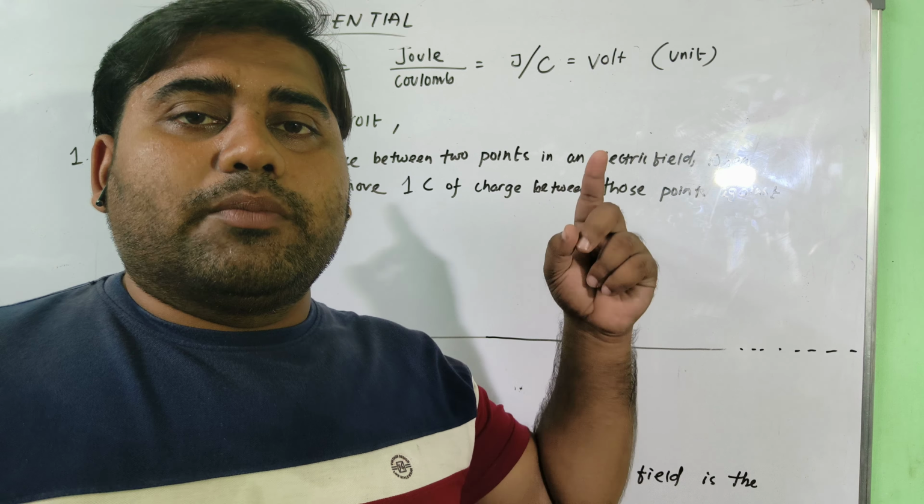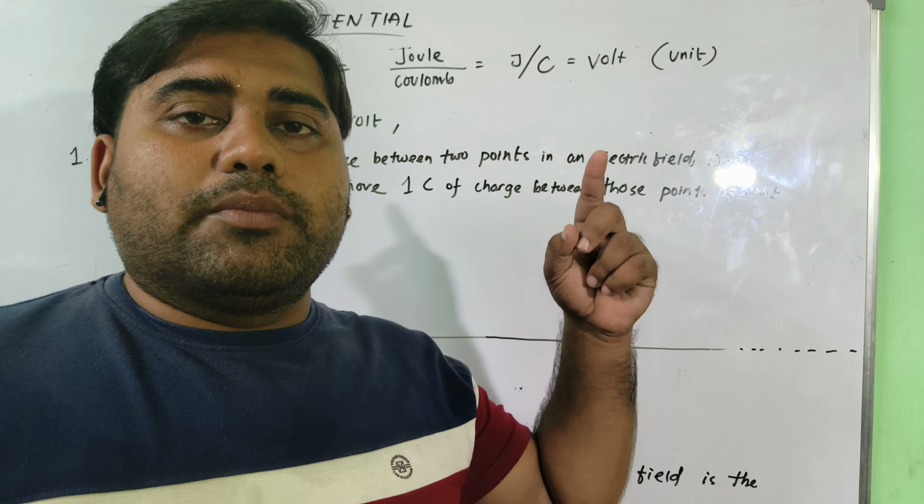So what is electric potential at B? We assume A to be at infinity. At infinity, VA is equal to 0. That is what we have considered.